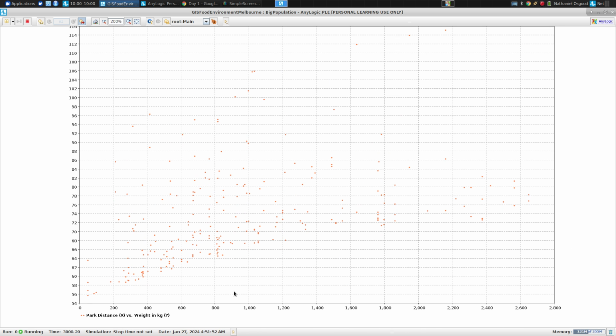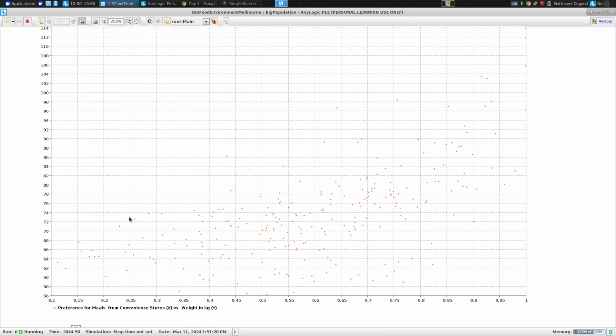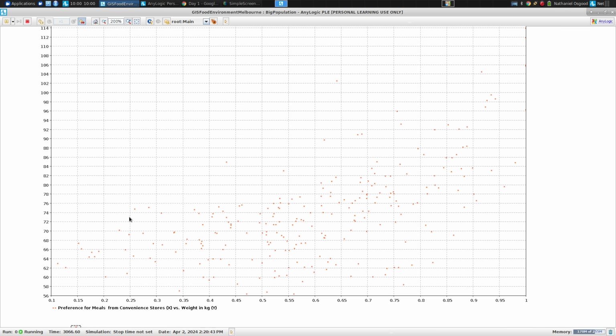So these patterns that we see here are generated by the model. They're entailed by the model assumptions, but they're not immediately obvious when you look at the model. They're the result of a lot of things coming together.